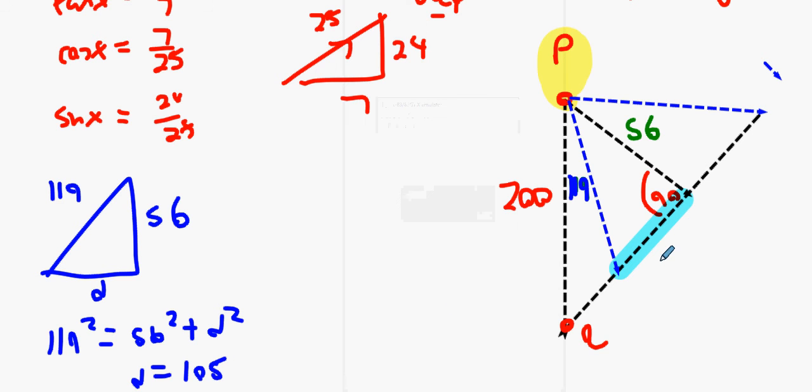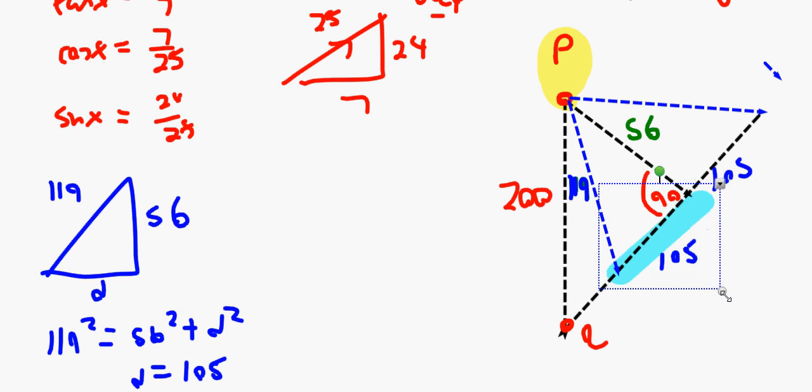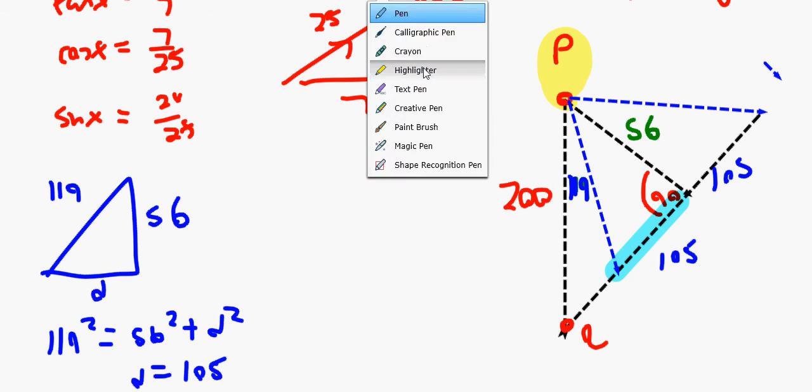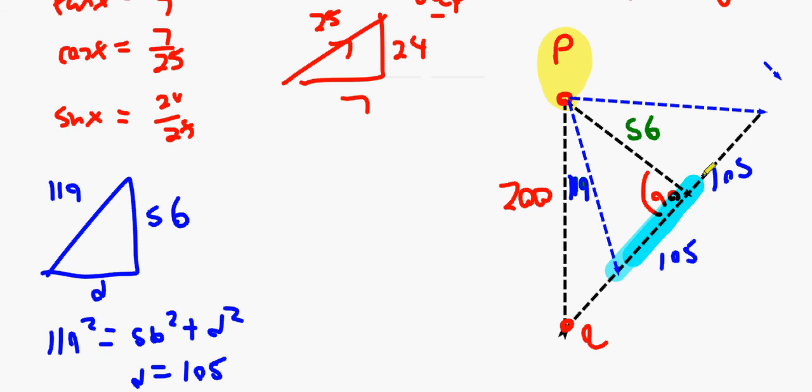If this distance is 105, we double it to get 210, because 210 is how far it has to travel. So Q hits 119 kilometers away from P, travels along this distance, continues all the way to the end.